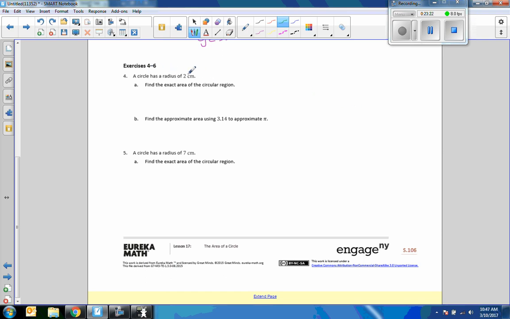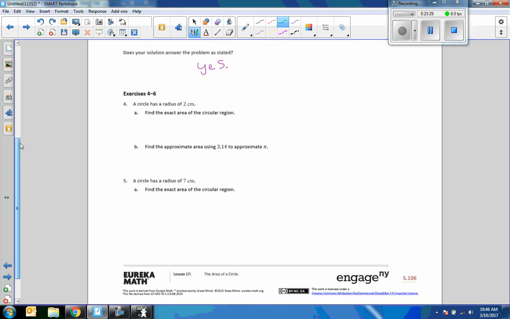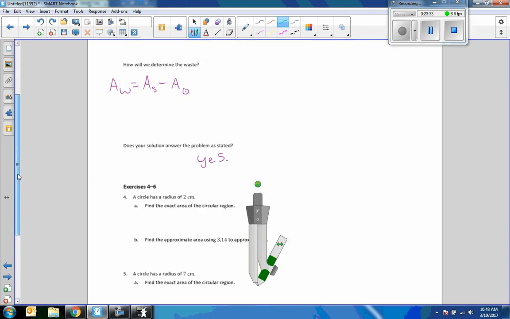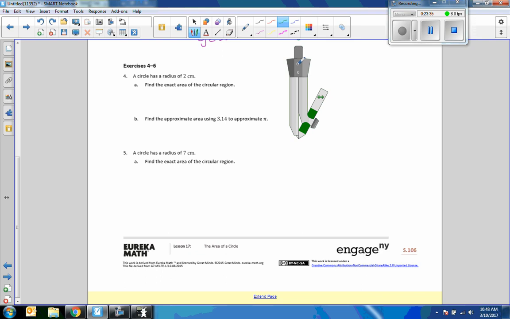The circle has a radius of 2 centimeters. Okay, circle. So I'm going to draw a circle. Put it over here.